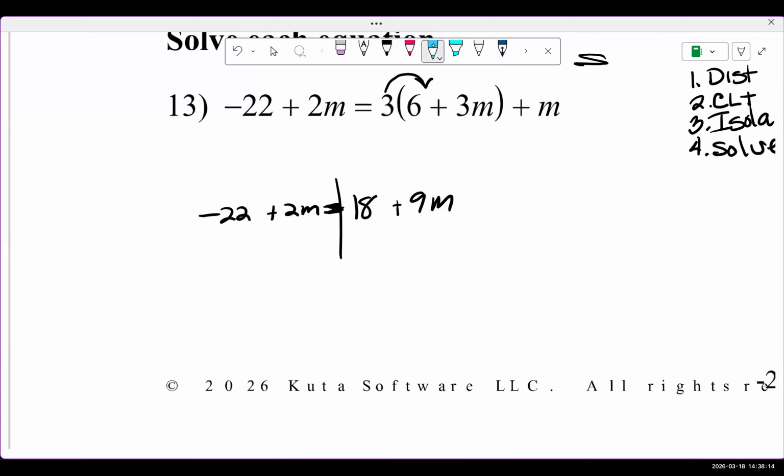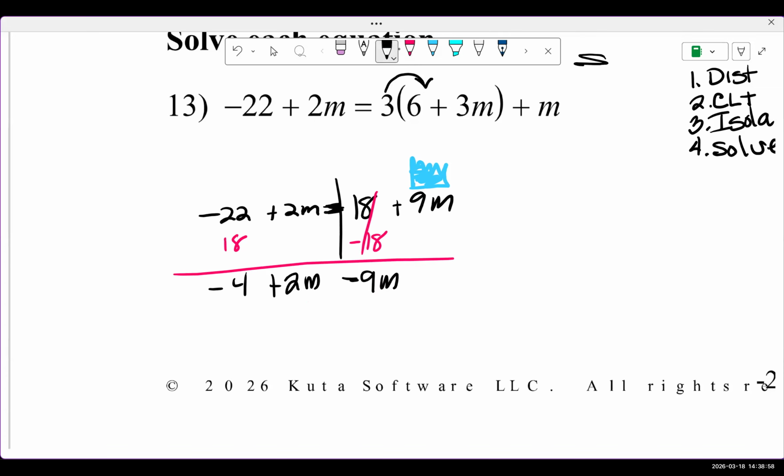Who's the king of this equation? We have 2m and 9m. The 9m is the king of that equation. So who has to go? Take away 18. Line up the like terms. So now I'm going to take away 2m from both sides. 7m is equal to -4.